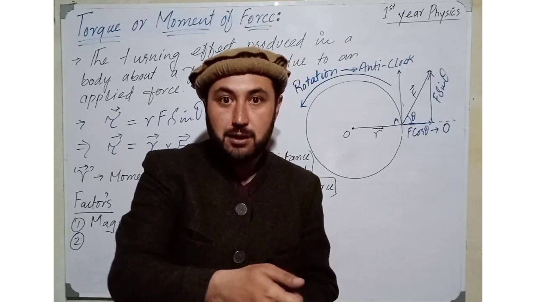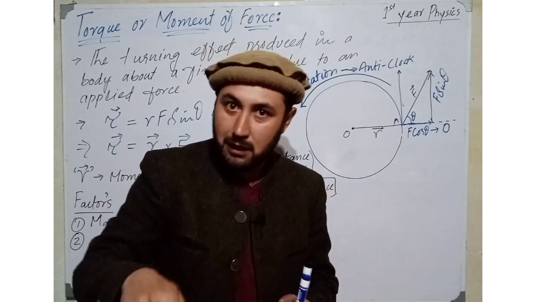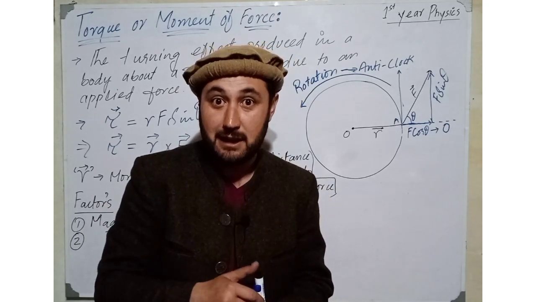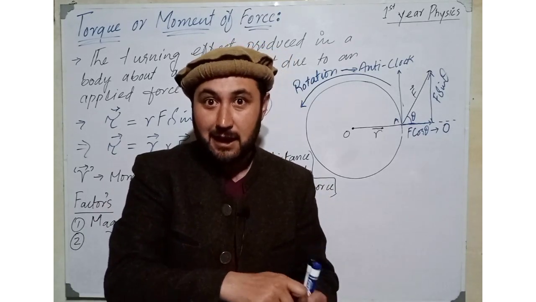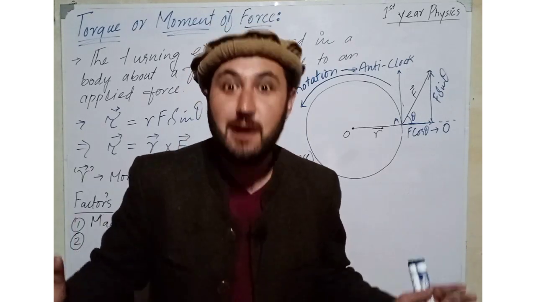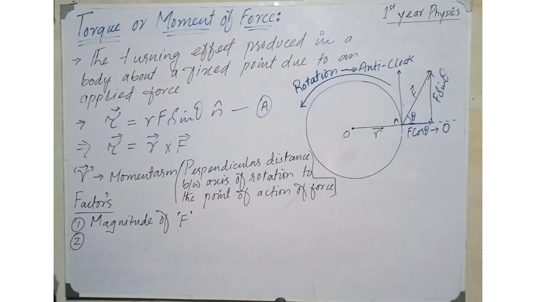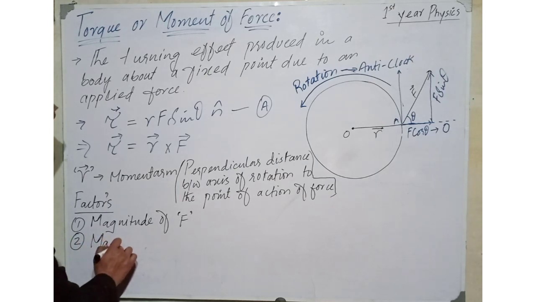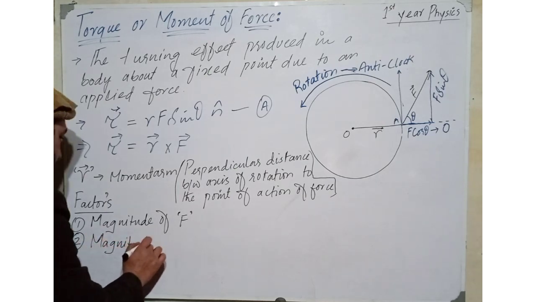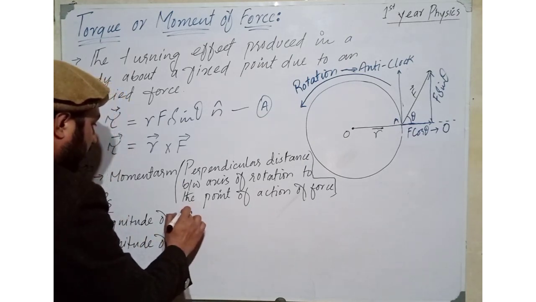On the other hand, if we use a large spanner, with less effort we can untie such a nut. And again, the reason is that a large spanner gives us a large moment arm, right? So torque depends upon the magnitude of the moment arm, which in this case we represent with R.